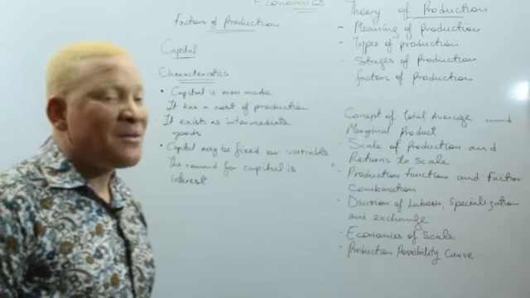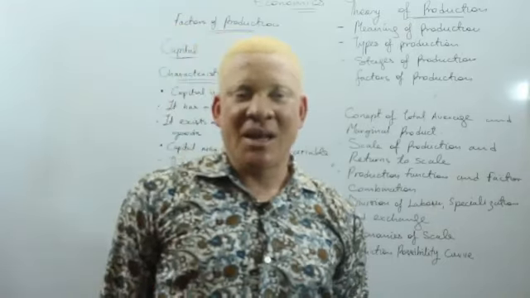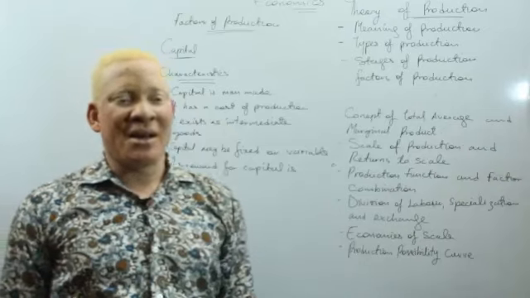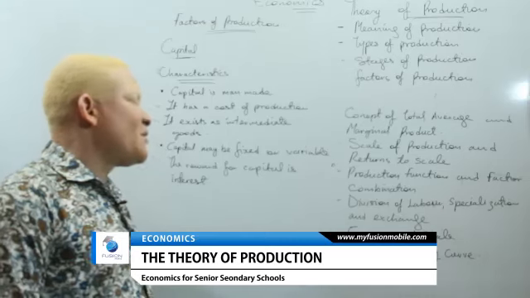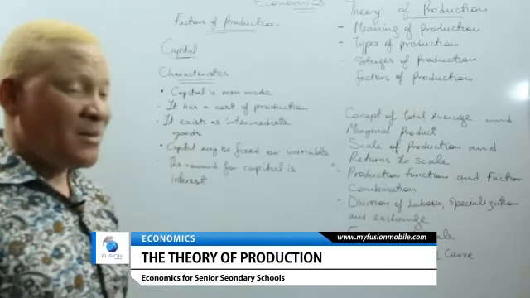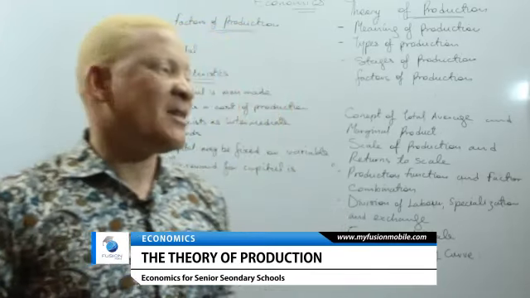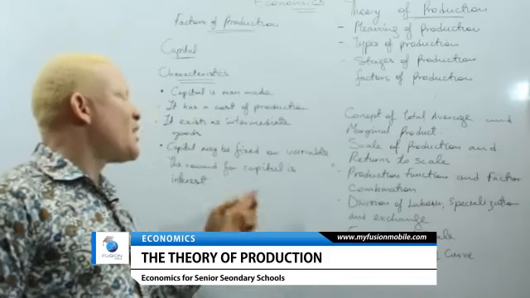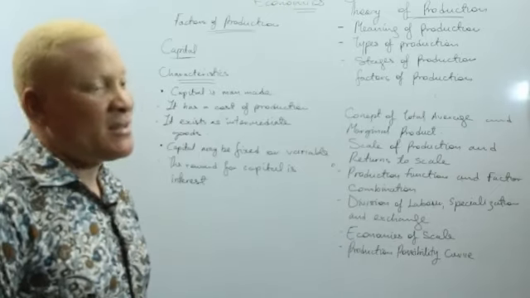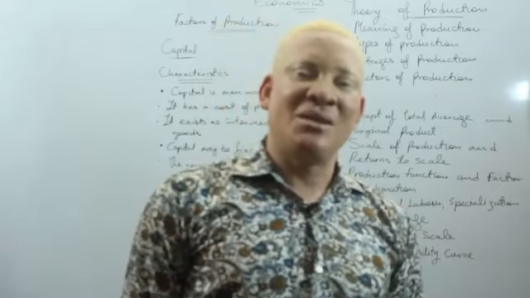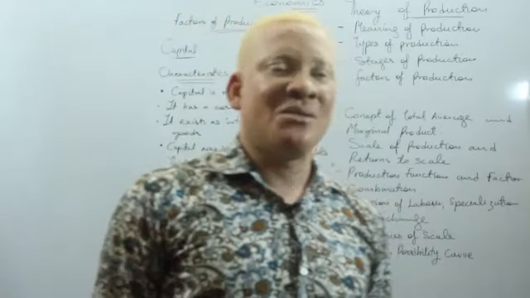Intermediate goods, which means many of them, things you refer to as capital, are not finished goods. They are unfinished goods. That is why you can actually combine them to produce other goods. And the next one is that it may be fixed or variable, like from the thing we discussed moments ago, that we have fixed and circulating capitals. That means that some kinds of capital could actually be fixed, some could change in nature. And the other one is that the reward for capital is interest. Interest could be anything on your share investment and so on and so forth.